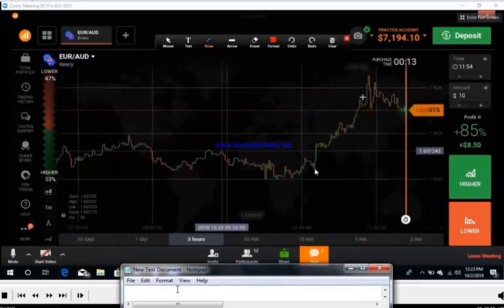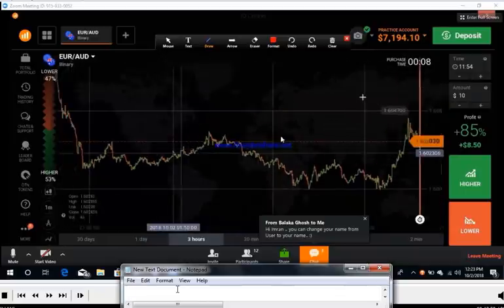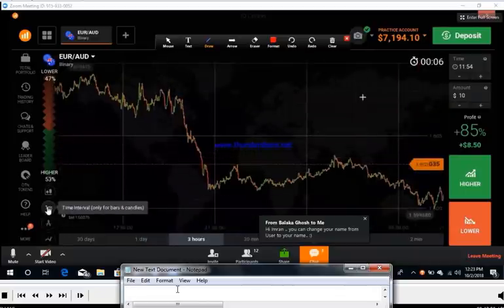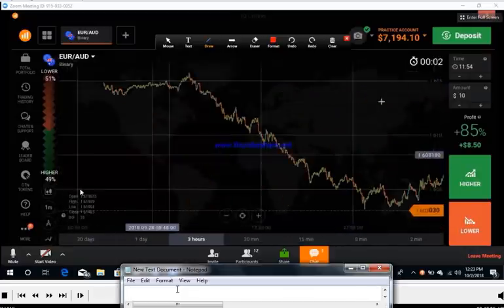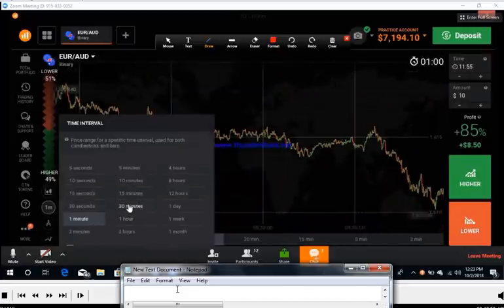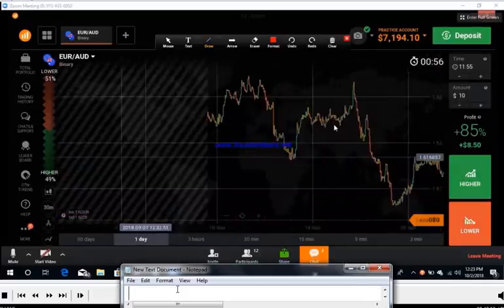You can identify the strong levels with the Fibonacci tool also, but we can't find them 100% surely. But when we draw manually in the past history, we can find the strong levels.